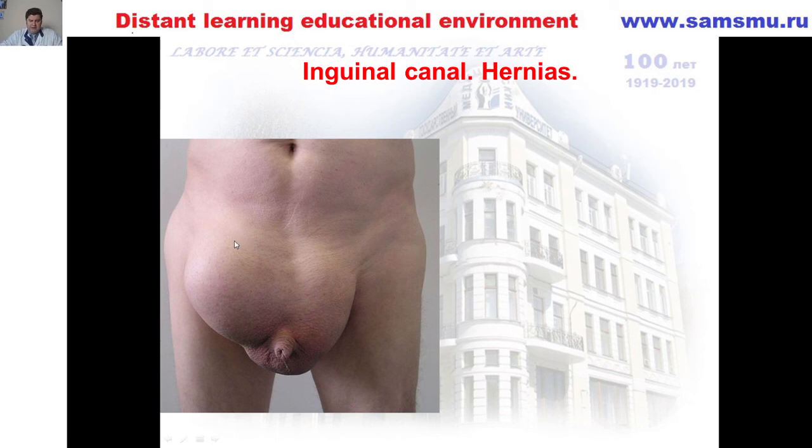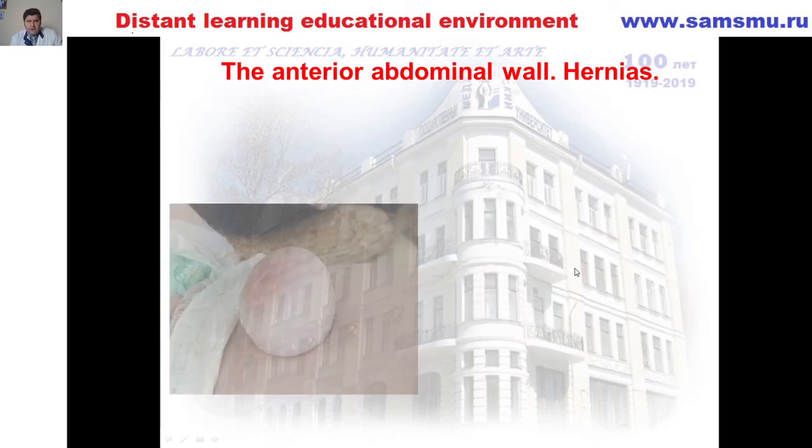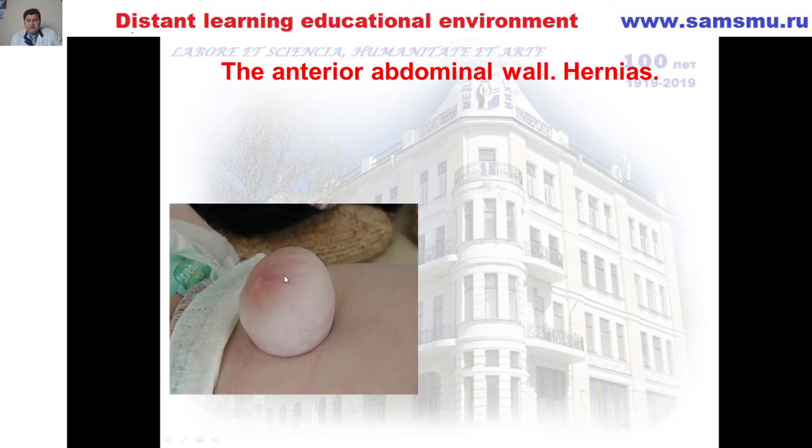You may see inguinal canal hernias, oblique inguinal hernias, and also you may see the hernia of this man. And also you may see an umbilical hernia in the umbilical ring.